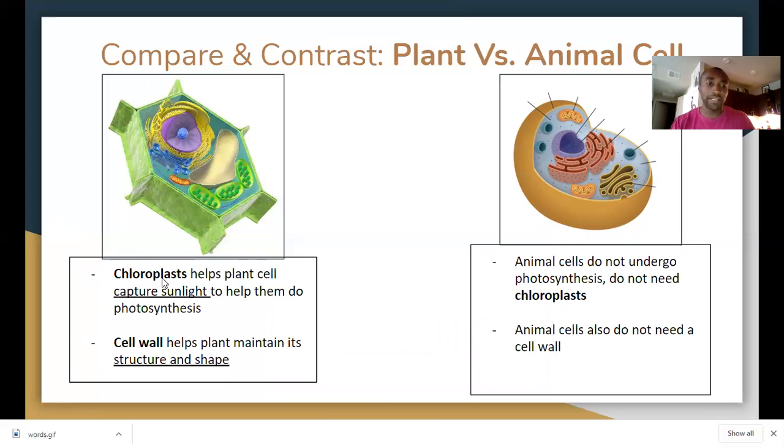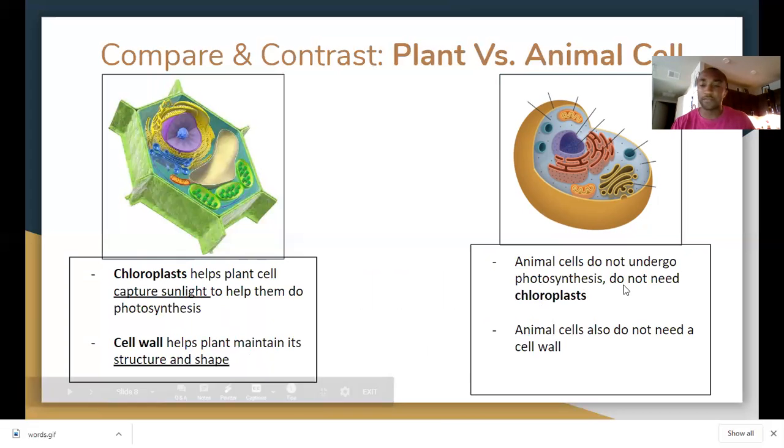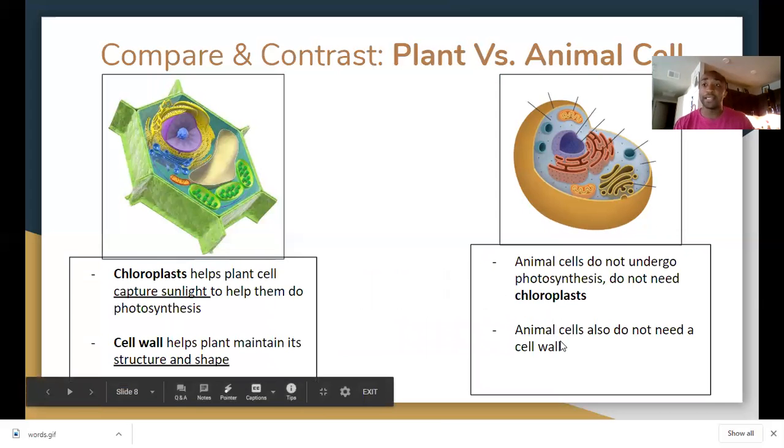And just reiterating, chloroplast: plant cells have to capture the sunlight. Photosynthesis is a process we're going to go through in more detail later. The cell wall helps maintain its structure and shape. Animal cells do not undergo photosynthesis. They do not have chloroplast and don't need them. And animal cells also do not need a cell wall.